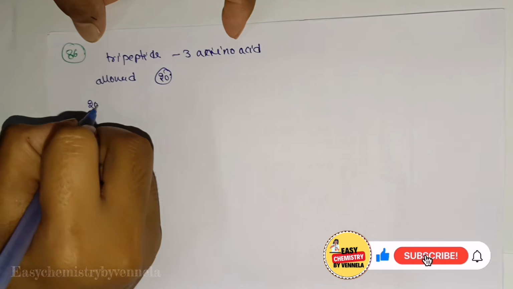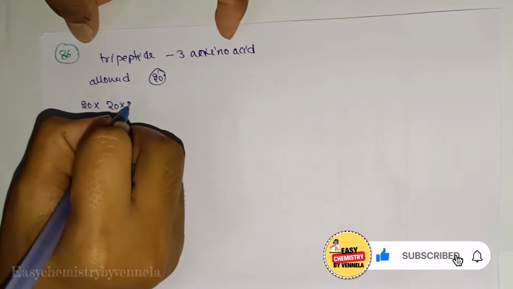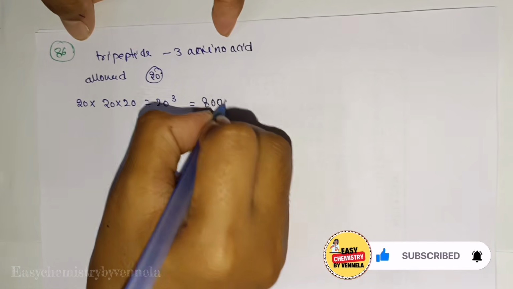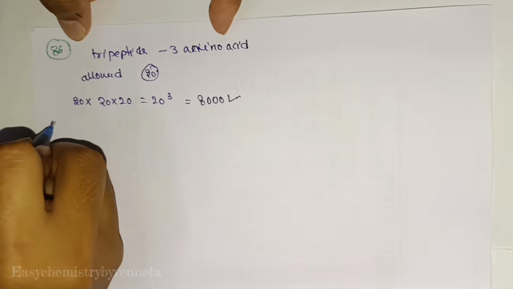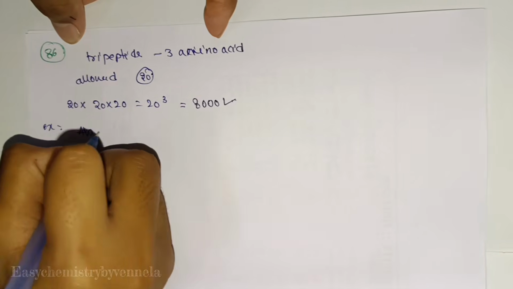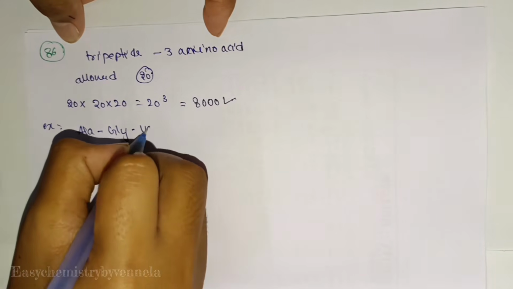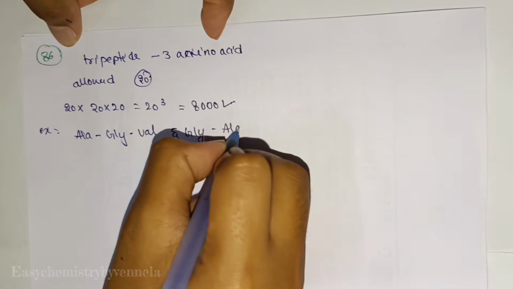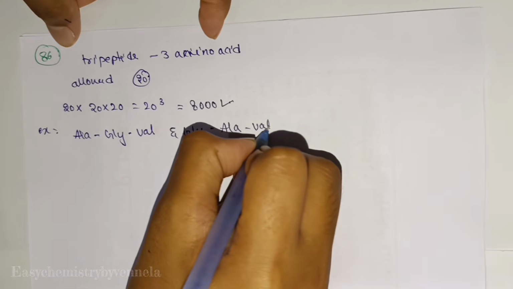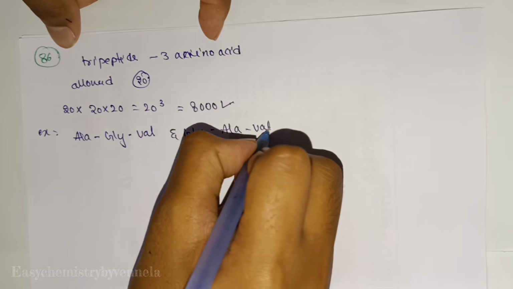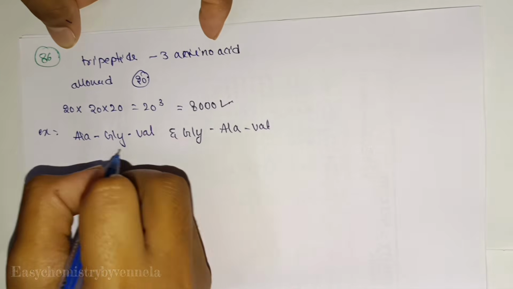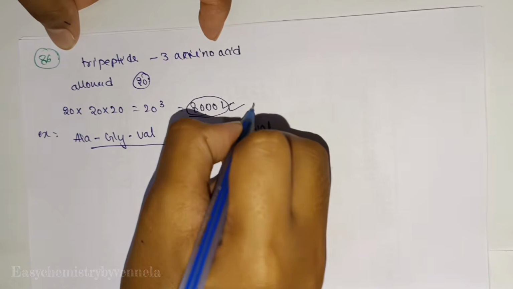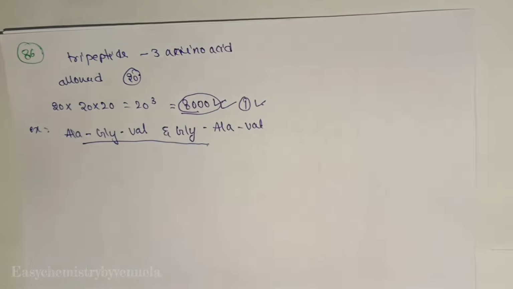Maximum number of different tripeptides is 20 cube. How much? 8000. For example, alanine-glycine-valine and glycine-alanine-valine are different tripeptides because of the order of amino acids. So the first option is the correct option.